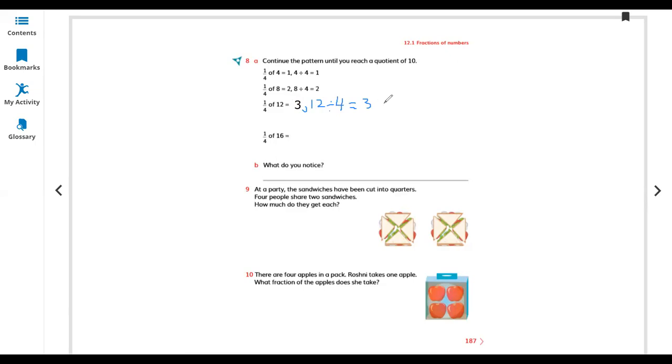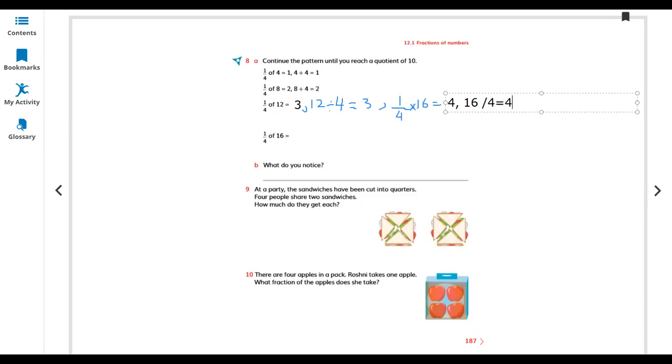If we are moving forward, then 1 by 4 of 16. You can write a multiply sign instead. It's equal to 4 multiplied by 4, 16. So we can write here 16 divided by 4 equals 4.